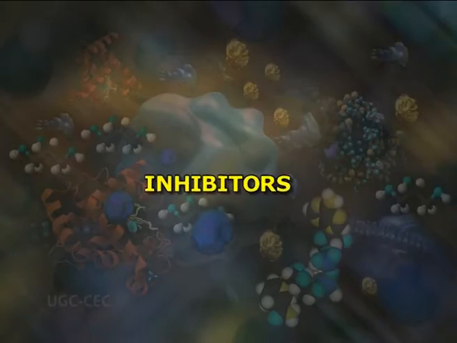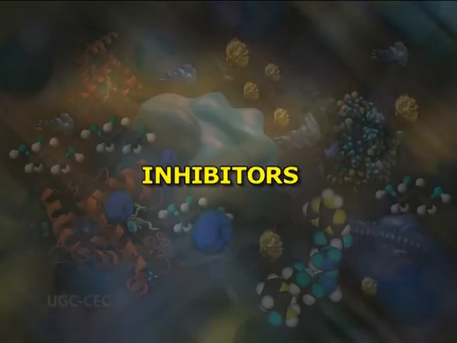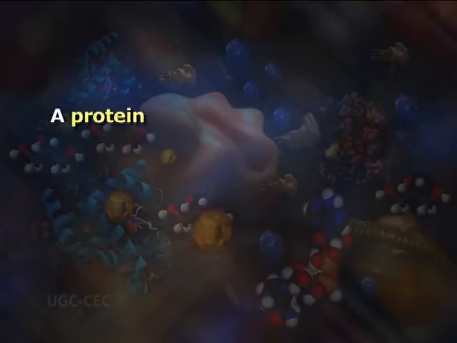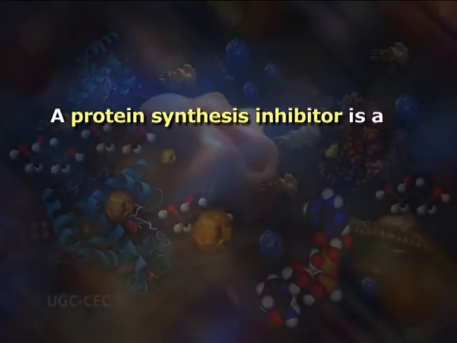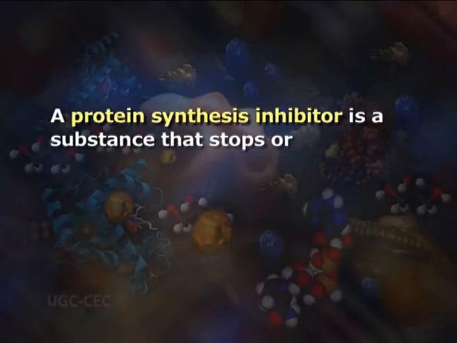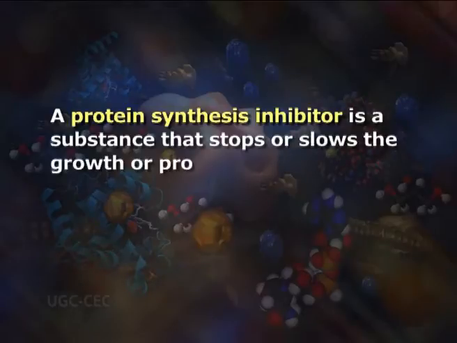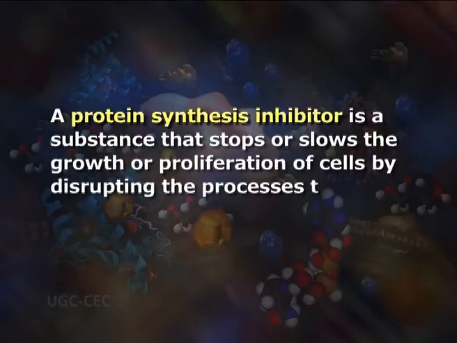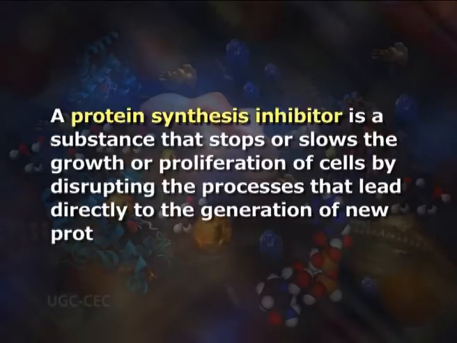Now, we will discuss the second half of the topic, that is inhibitors. A protein synthesis inhibitor is a substance that stops or slows the growth or proliferation of cells by disrupting the processes that lead directly to the generation of new proteins.